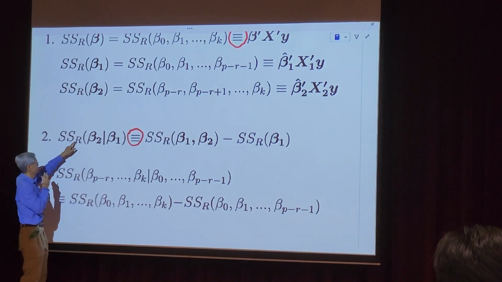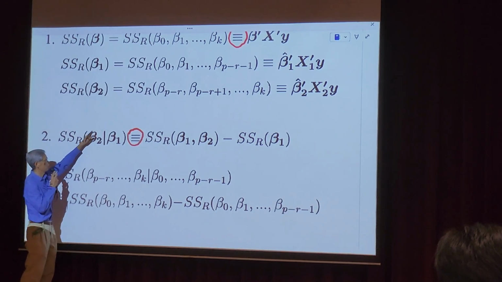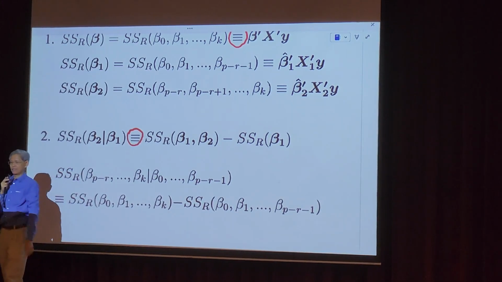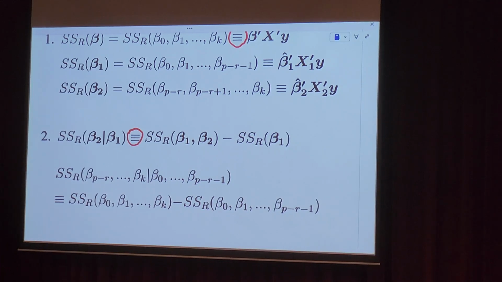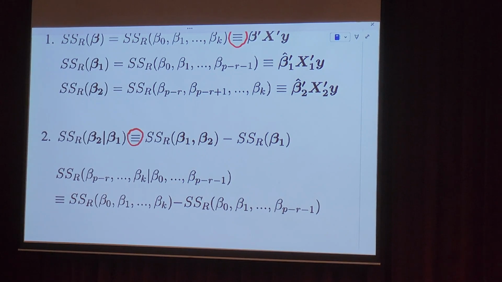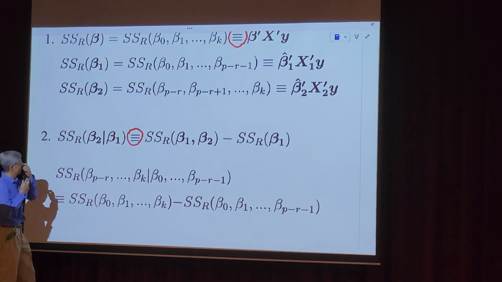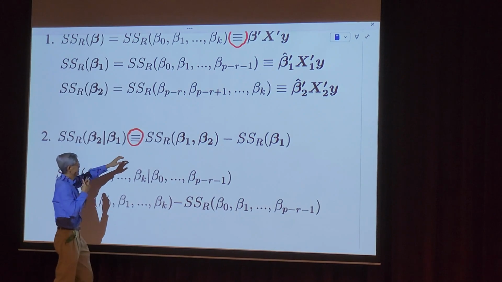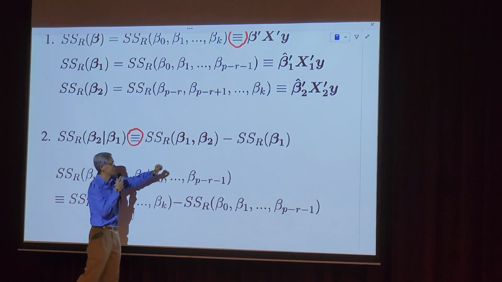So this is the sum of squares of regression due to beta 2 given that beta 1 is already in the model. So that's what it means. What does that mean, already in the model? I will explain that very shortly. So this quantity is defined to be this.